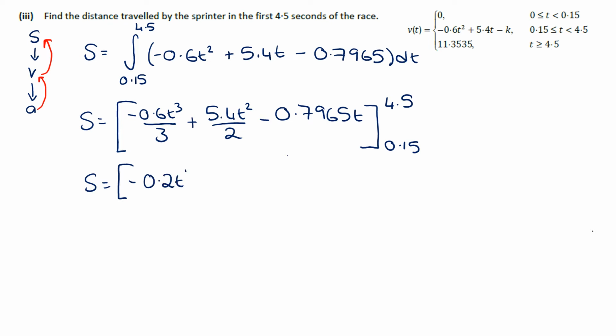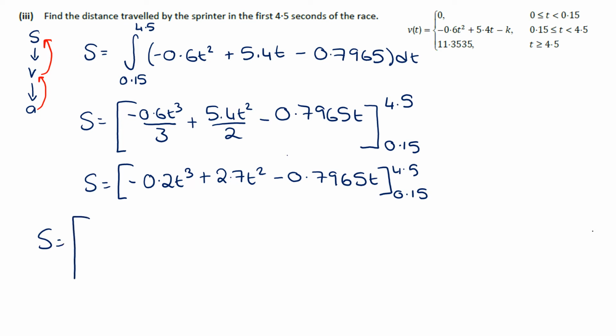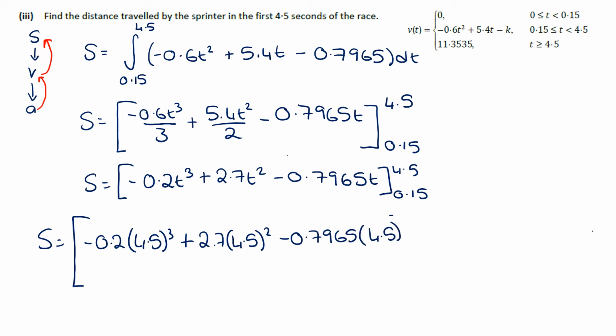So this is minus 0.2 t cubed plus 2.7 t squared minus 0.7965 t, and we're still evaluating that between 0.15 and 4.5. So that is going to be minus 0.2 times 4.5 cubed plus 2.7 times 4.5 squared minus 0.7965 times 4.5.